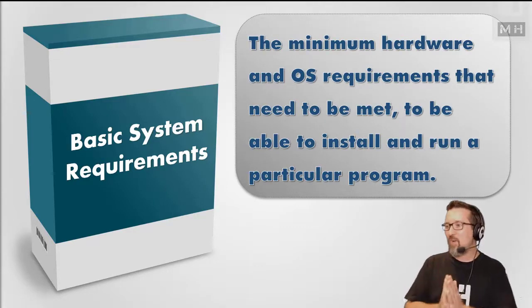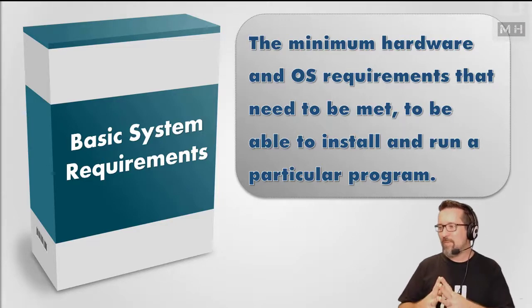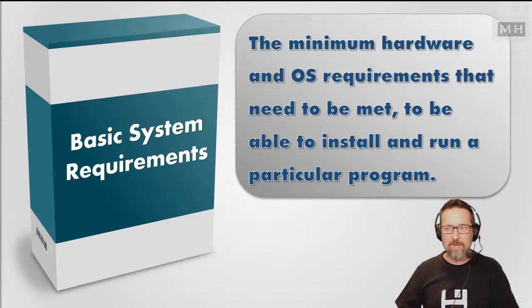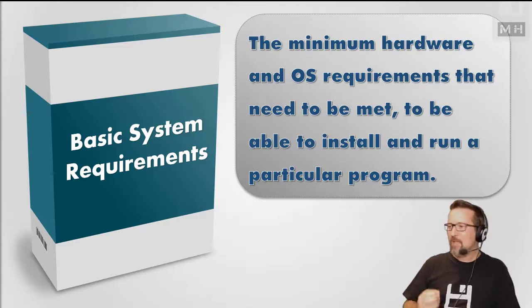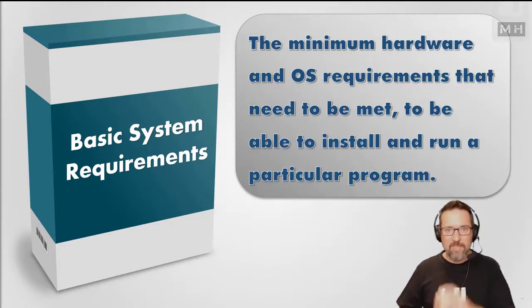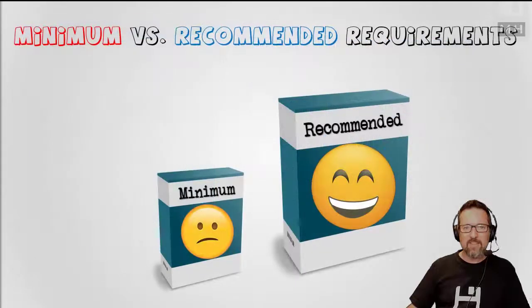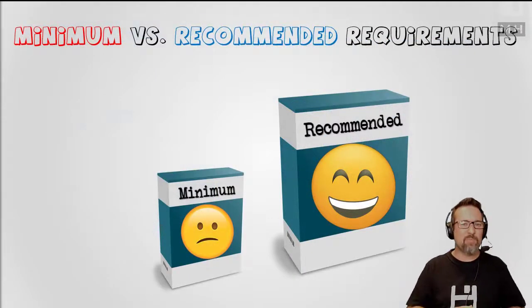The minimum hardware and OS requirements that need to be met to be able to install and run a particular program. I'll read that again: the minimum hardware and operating system requirements that need to be met by you to be able to install and run a particular program. So let's look at that in terms of minimum versus recommended requirements.